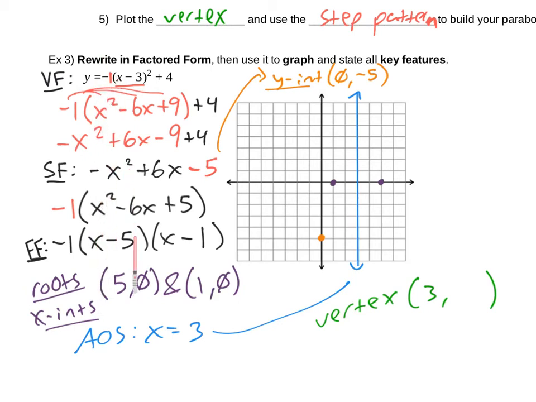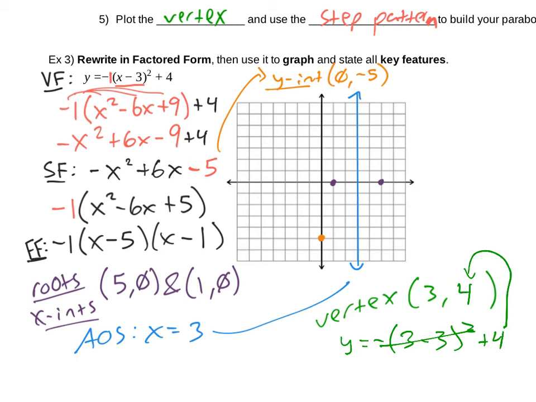Look at them and go, what's going to be my easiest pathway here? Plug in 3 to vertex form. I would be looking at y equals negative 1 times x minus 3 squared plus 4. This goes away to 0, leaving us with just 4 for our y value of the vertex.